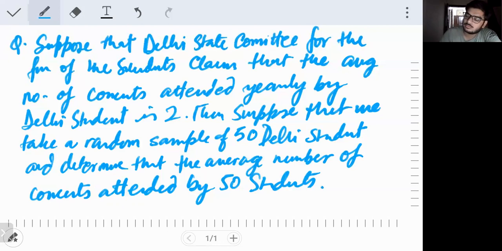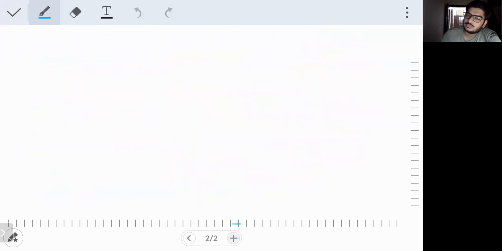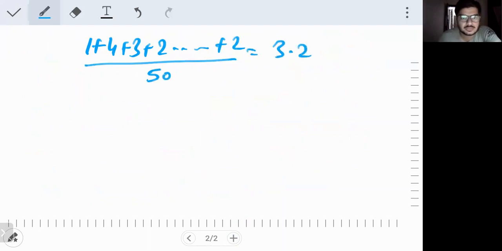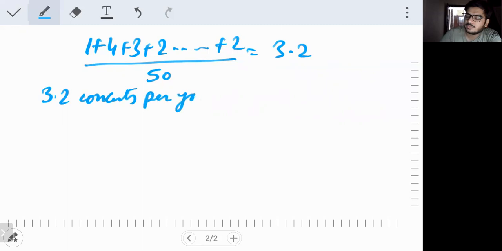So we take the average, and let's suppose that it comes as 3.2 concerts per year, right?